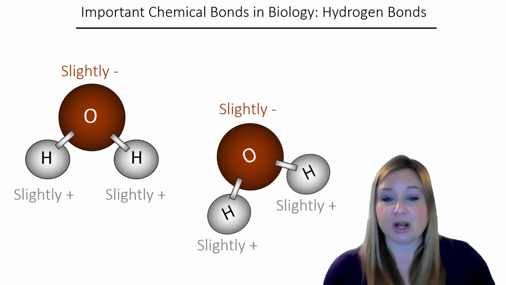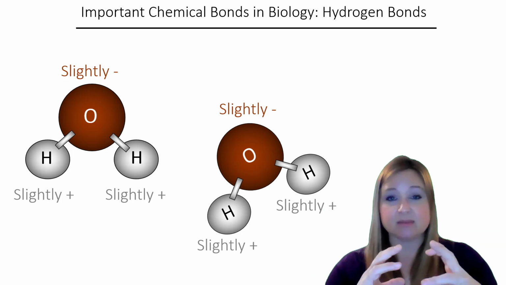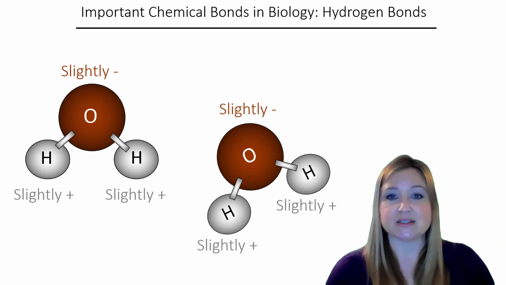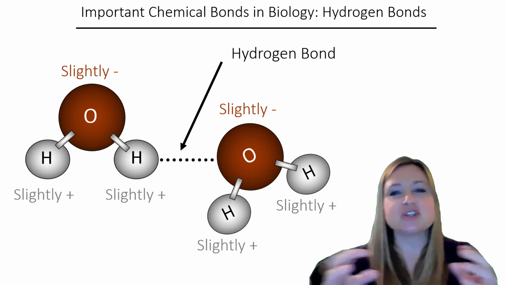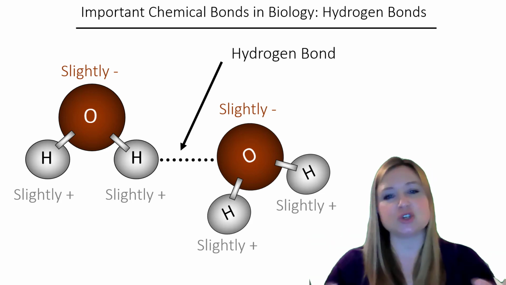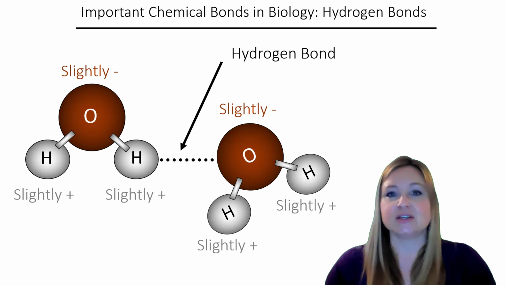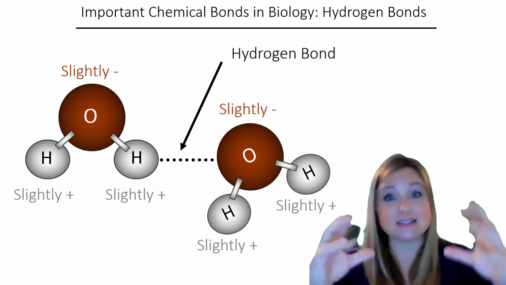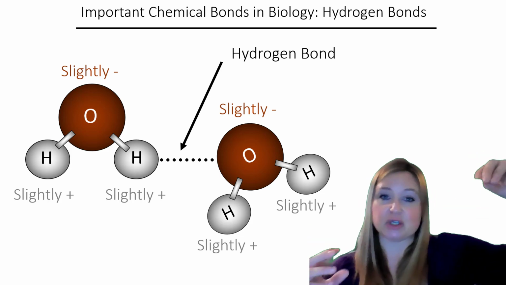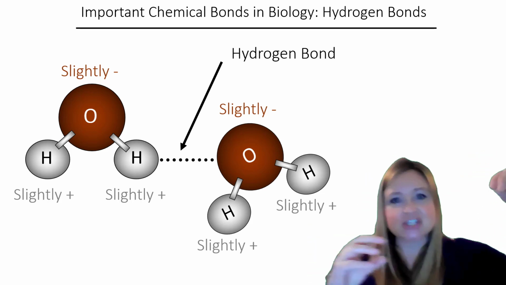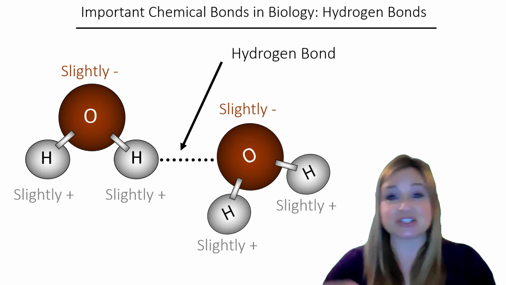Now, these two water molecules are held together within themselves by polar covalent bonds. What a hydrogen bond is, it's a weak attraction between two different water molecules. So again, one water molecule is held together by a polar covalent bond, but two water molecules have a weak attraction to each other. We know that opposites attract.